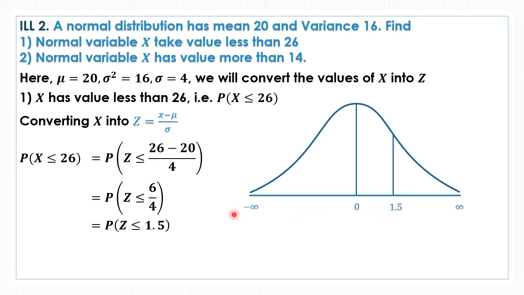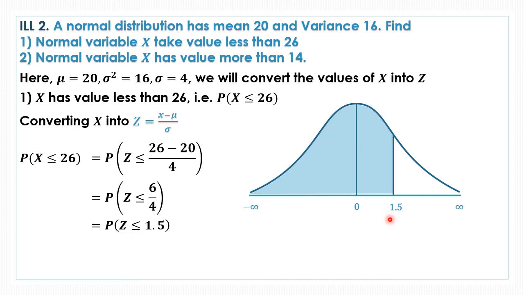Less means left. Everything which is on the left side of the 1.5 will be highlighted up to infinity. Getting my point here? Everything which is less than 1.5 is going up to negative infinity. This whole part has been highlighted. We have to find a probability for this whole part.